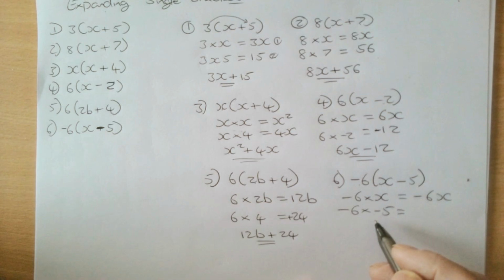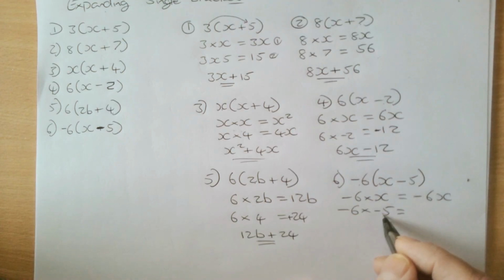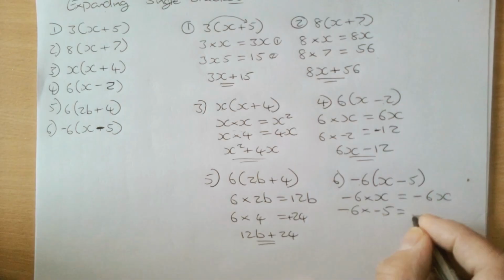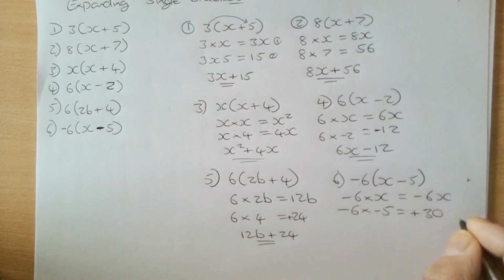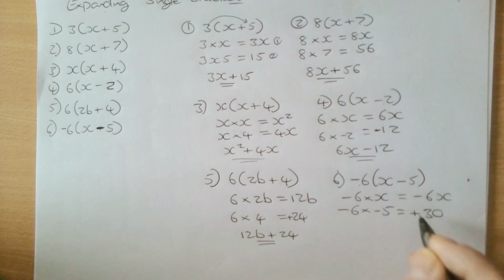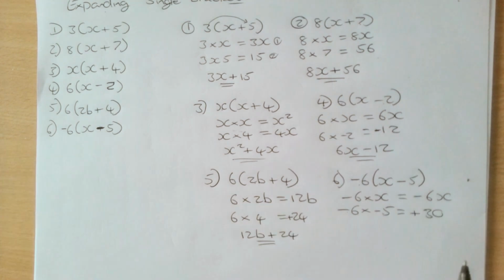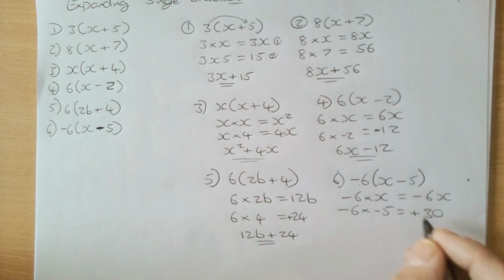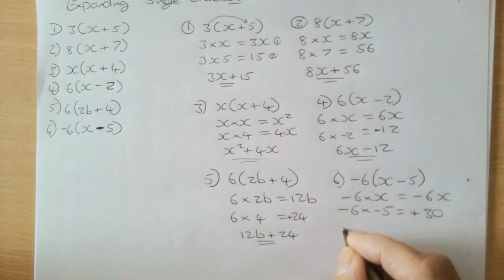This bit here is where people get most confused. So to complete this, it's minus 6x plus 30 as our final answer.